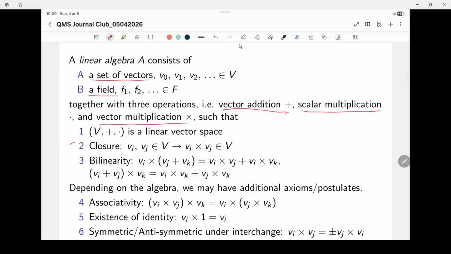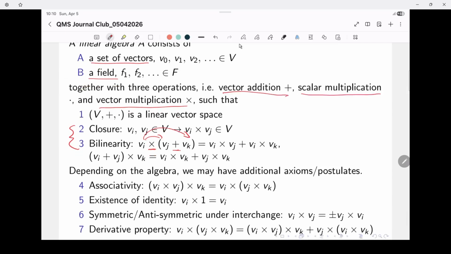Additionally, you have two more conditions that tell you how your vector multiplication is going to interact with your two other operations. The first one is how your vector multiplication interacts with your vector addition. Same thing, just distribute inside. That's called bilinearity.